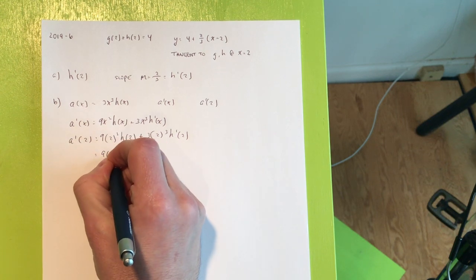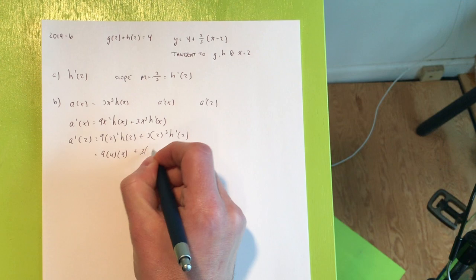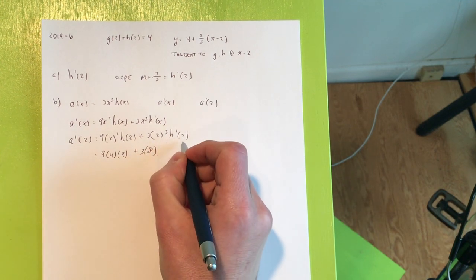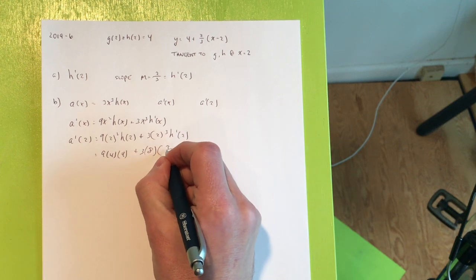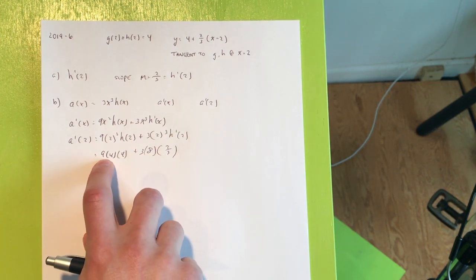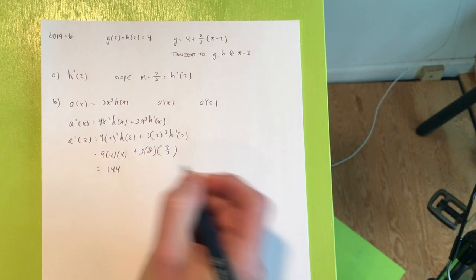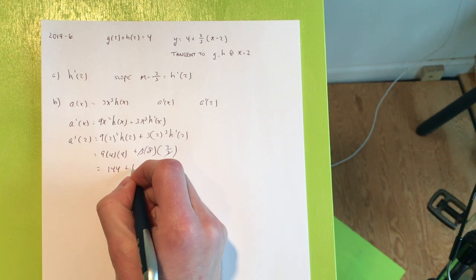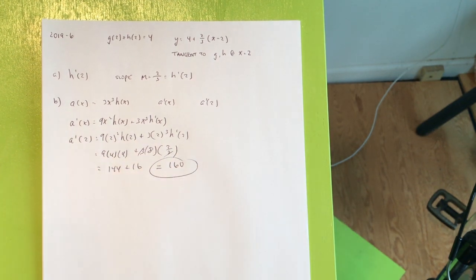We've got 9 times 4. h of 2 we're given is 4 plus 3 times 8. h prime of 2 we had from the last is 2/3. So that is 16 times 9 is 144. That 3 and that 3 cancel, plus 16, we have 160.